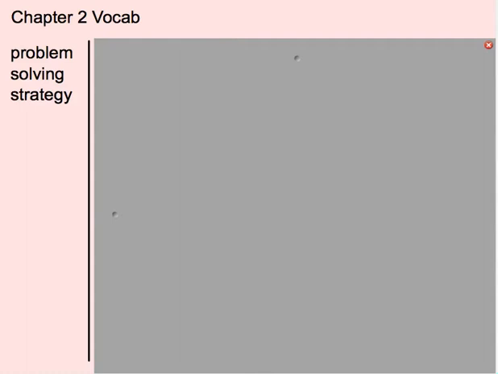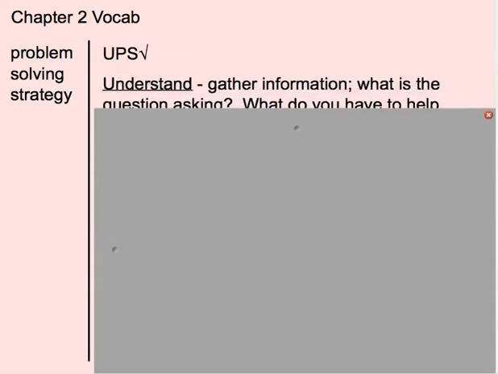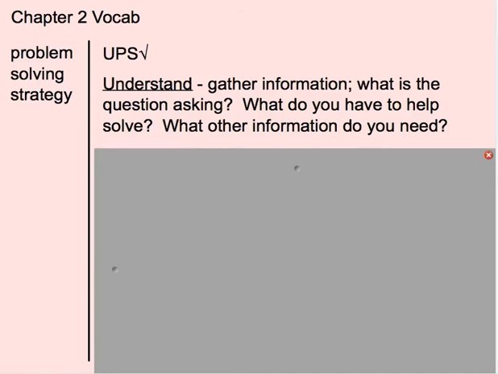So our vocab for this section is a problem-solving strategy. When you run into a word problem, what you're going to want to do is determine the best way to solve it. The strategy that I'm going to work with today is UPS check. The U is for understand. So you have to gather the information, determine what the question is asking, figure out what you know and what else you need to know.